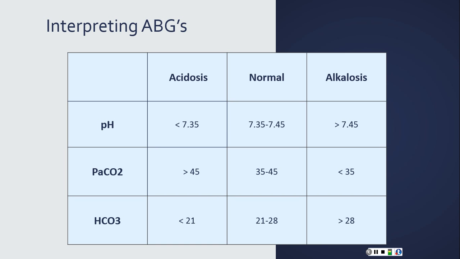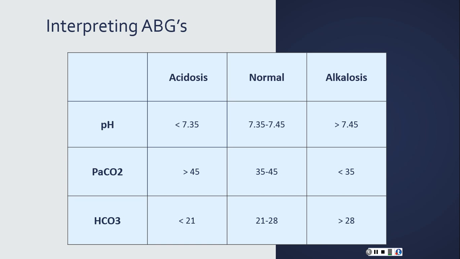As CO2 goes up, we become more acidic. As CO2 goes down, we become more basic, alkalosis. Bicarb goes in correlation with pH. As bicarb goes down, pH goes down. As bicarb goes up, we become more basic, alkalosis.